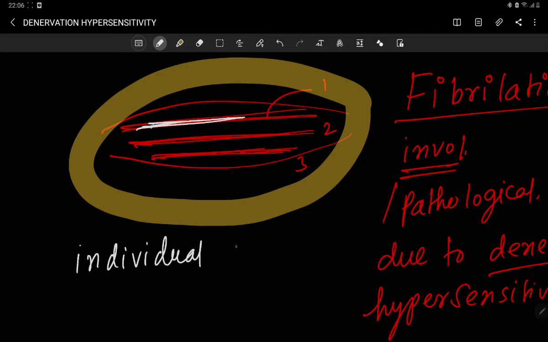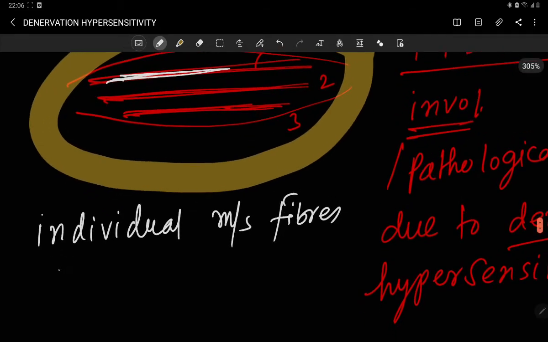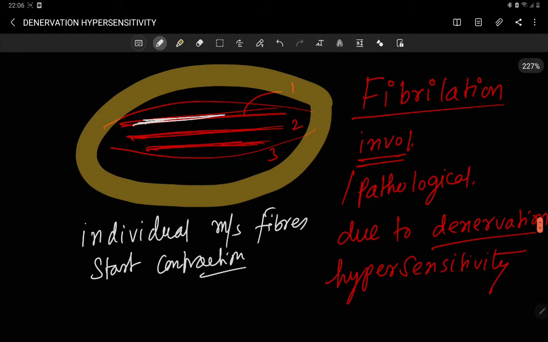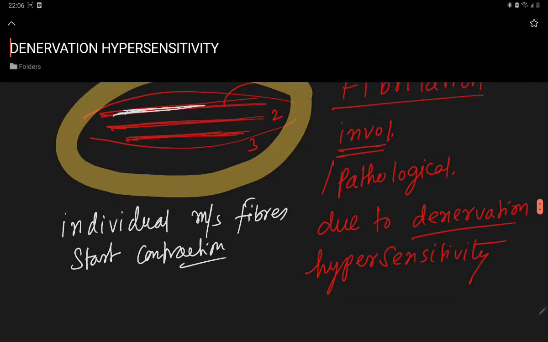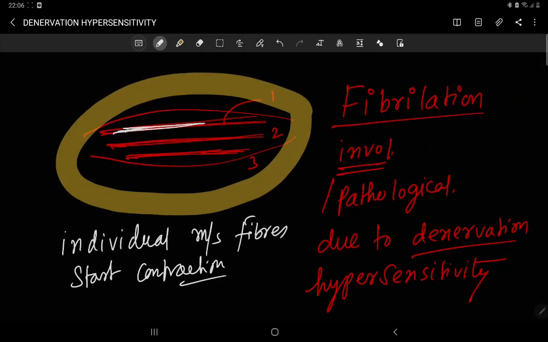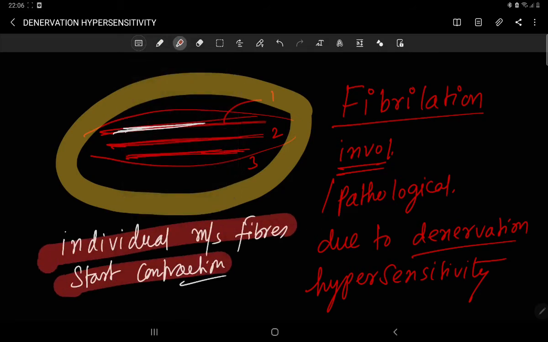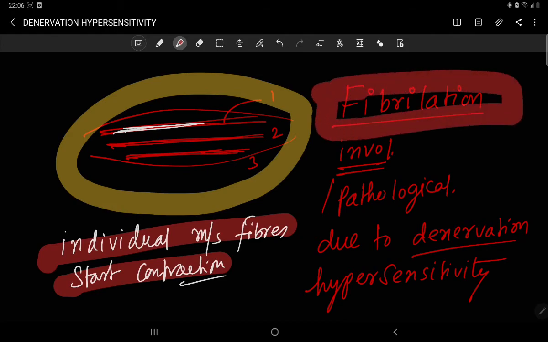Individual muscle fibers start contraction due to denervation hypersensitivity. And when the individual muscle fibers start contracting, this phenomenon is called fibrillation. So fibrillation is an effect of your denervation hypersensitivity.